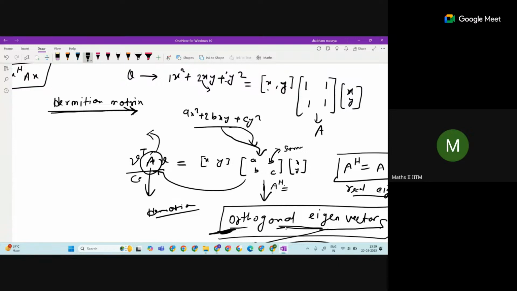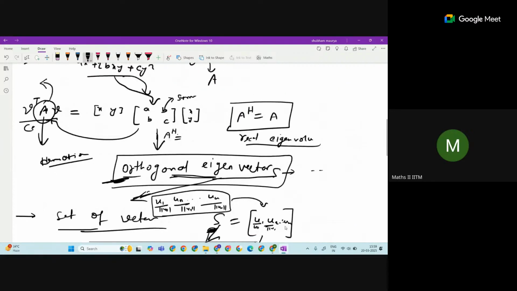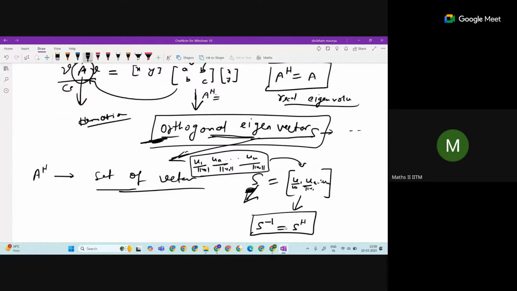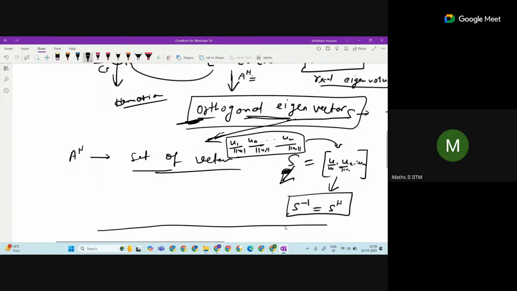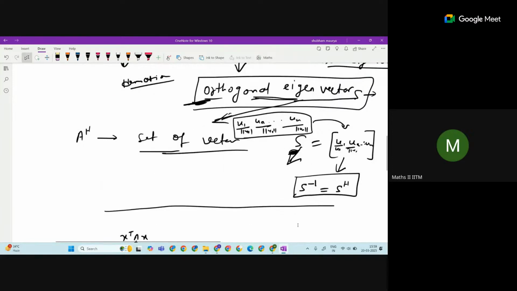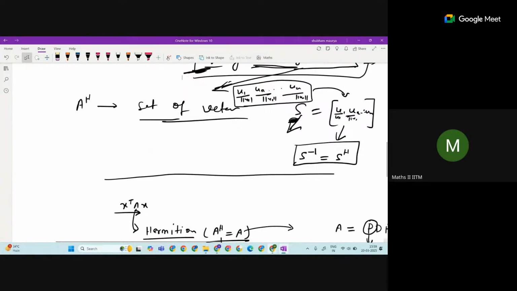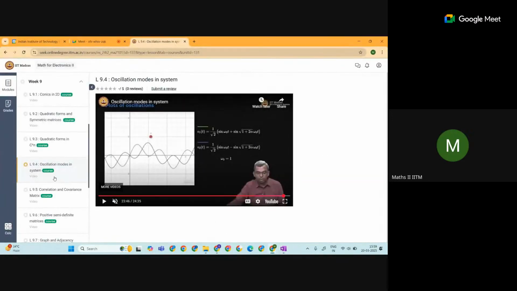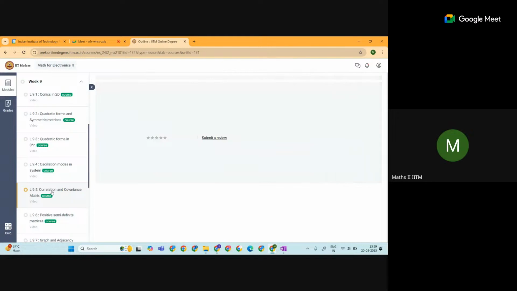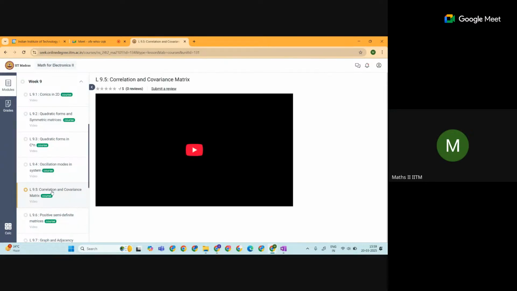We can diagonalize it using the orthonormal vectors, meaning PDP inverse, and make it a simplified form. That's all. So this lecture is totally an application of whatever we studied. The new thing is that we are going to see the correlation and covariance matrix.